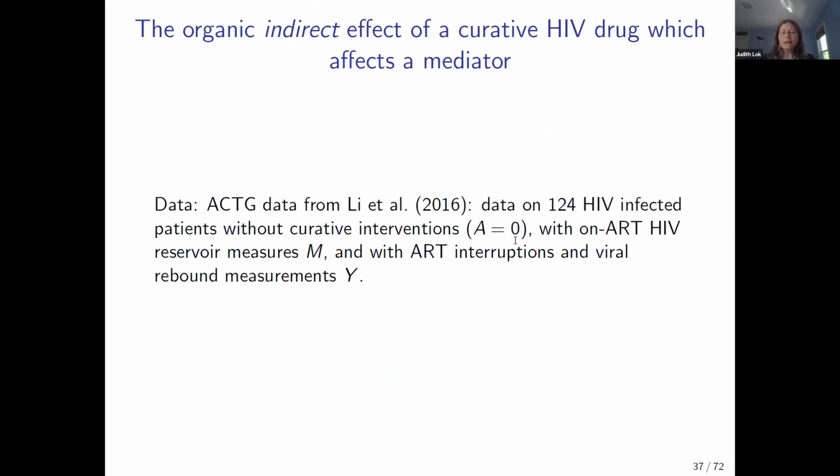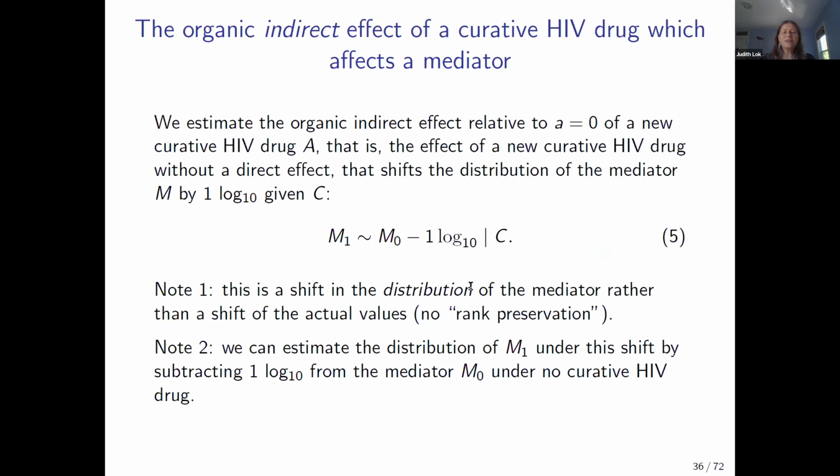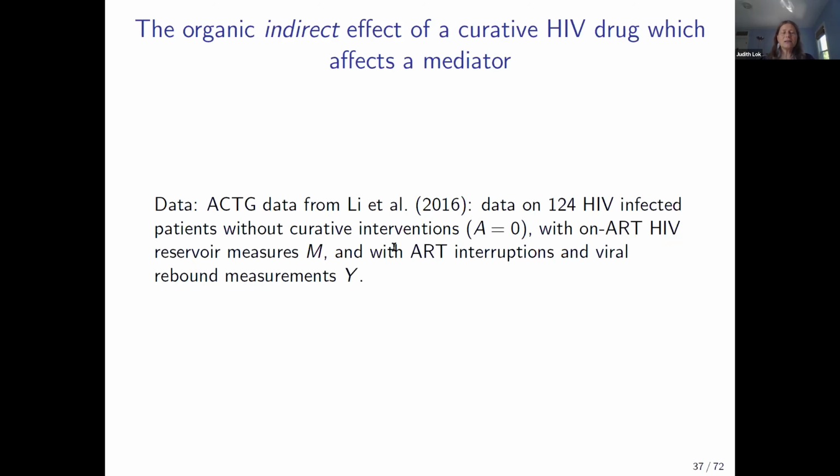But because we need outcome data only under A = 0, and we posit this model that we are looking at a curative HIV drug that hopefully reduces the viral reservoir tenfold, we can still estimate the indirect effect of this intervention on the viral rebound.